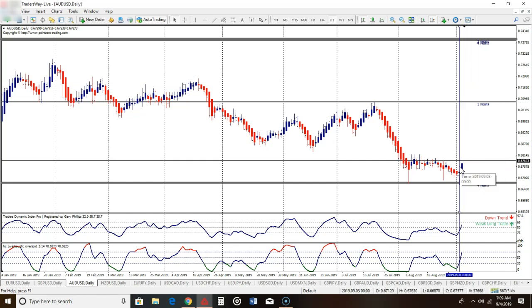All right, so here's the close of the candle. As you can see, at the close of the candle on the overbought, oversold oscillator, you have closed above the 30 level. On the TDI, you have closed above the 32 level, indicating some type of potential reversal. You also have divergence in the price, right?